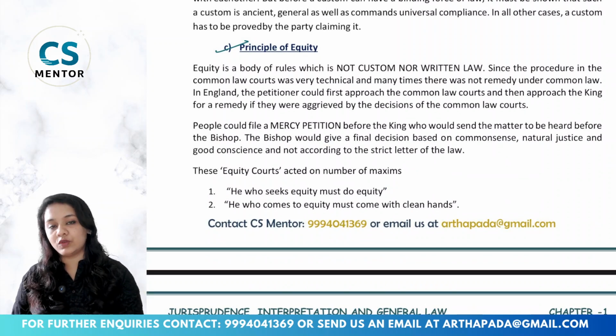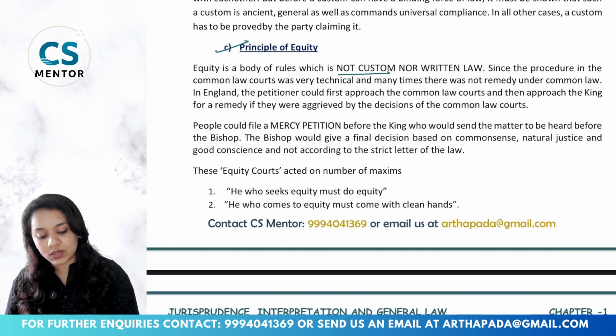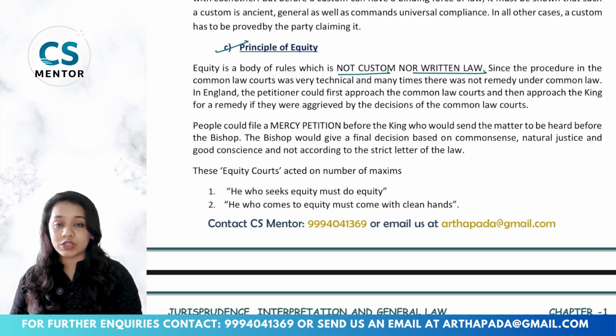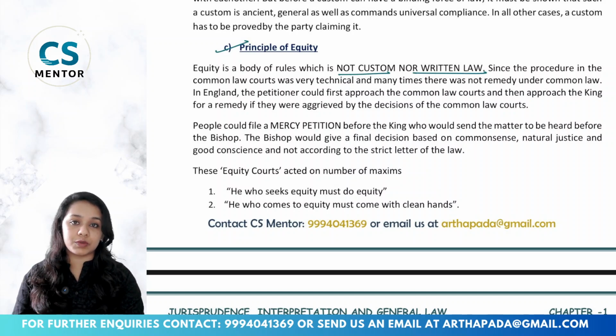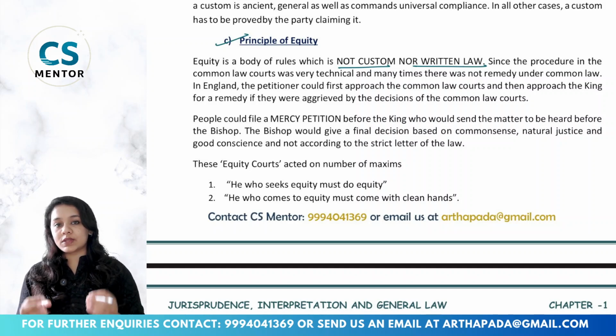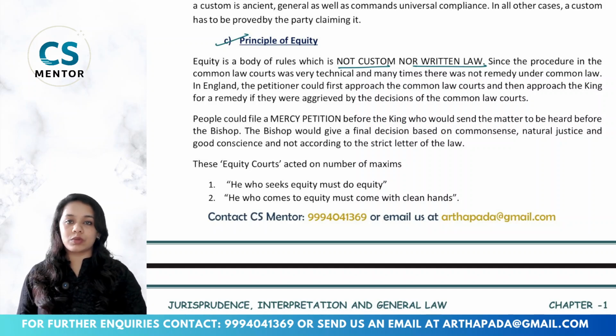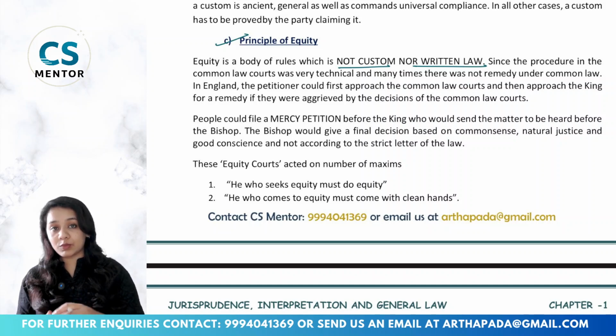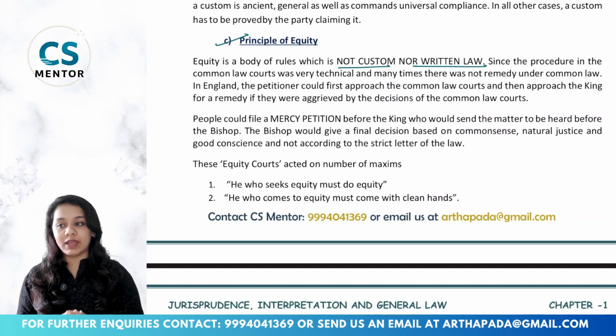Now, equity is a set of rules which is not custom nor written law. So, it's not just scriptum, it's also not just non scriptum. Okay, so then what is it? The simple rule is this: sometimes our legal system will not be enough to handle the matter. So back in the day, what people would do is they would go to the courts, and the highest person that they could go to for a remedy was the king. But you see, the king, he may give a decision with which the person may not be happy.